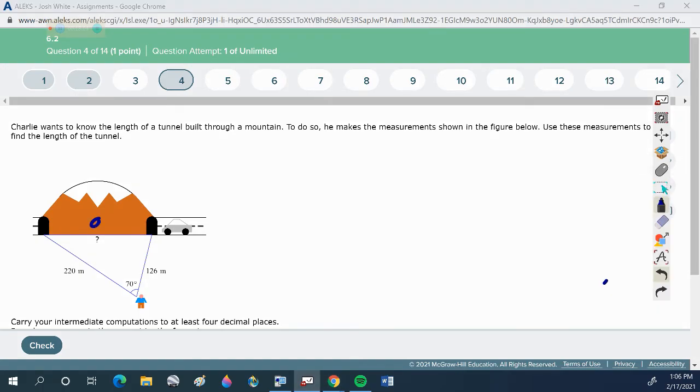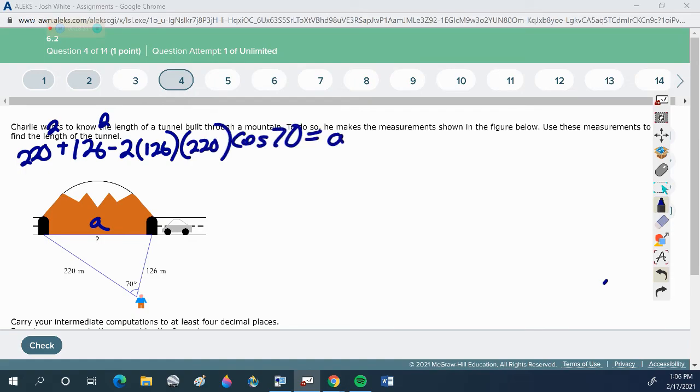So I could call this, say, A. So 220 squared plus 126 squared minus 2 times 126 times 220 times the cosine of 70, and that equals A squared. These problems are actually easier to do. All you have to do is plug them all in.